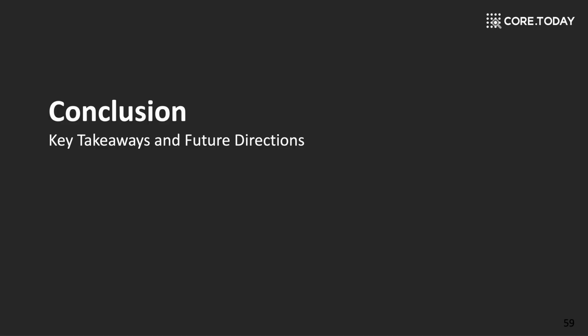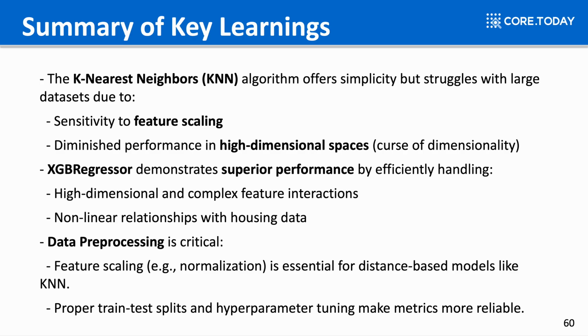In this concluding section, we summarize the critical lessons from our analysis and experimentations while paving the way for future explorations. It's important not only to evaluate the immediate results, but also to reflect on how we can extend and improve upon these methods. Here's what we've learned: KNN, while easy to understand and implement, is less suitable for datasets with high dimensional features and large variability.